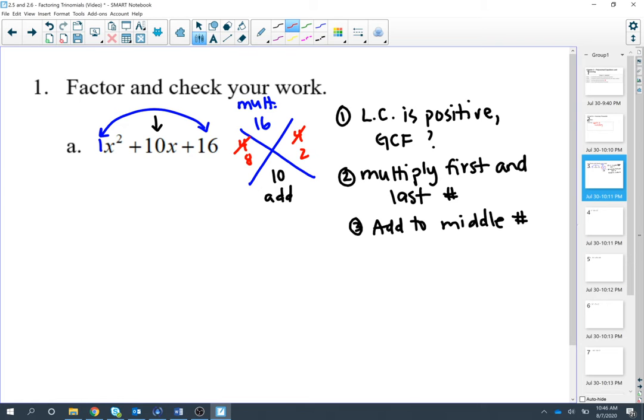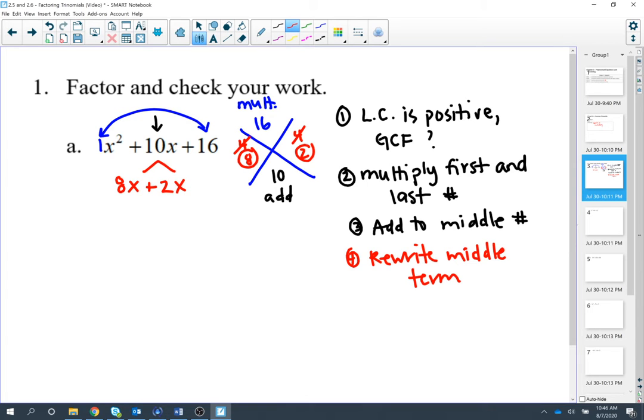So at this point, I'm going to move on to step 4, rewrite middle term. And what I mean by rewrite middle term is you're going to take this middle term, and instead of 10x, do you remember this 8 you found and this 2 you found? You're going to rewrite it as 8x plus 2x.